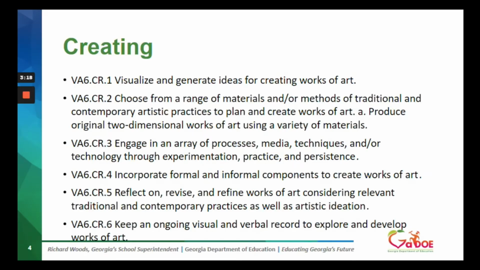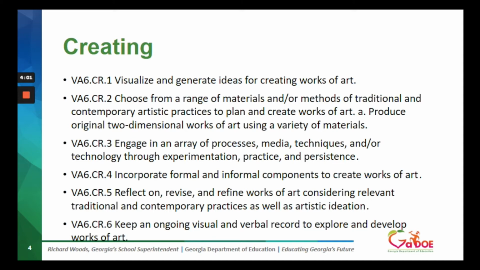The creating category deals with 6 different standards: visualizing and generating ideas, choosing from materials or methods, creating 2D work, engaging in different processes, incorporating the elements and principles of art, as well as informal components, reflecting on what they're doing, looking at traditional and contemporary artists, and keeping an ongoing visual and verbal record. So those are all of the things that they're doing. This is their actual making of their artwork.